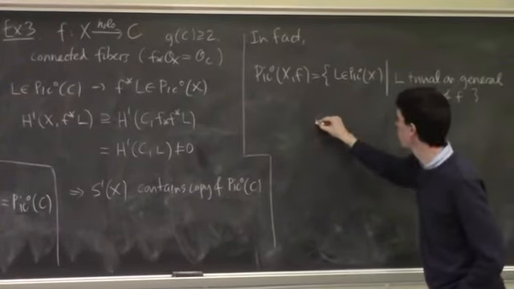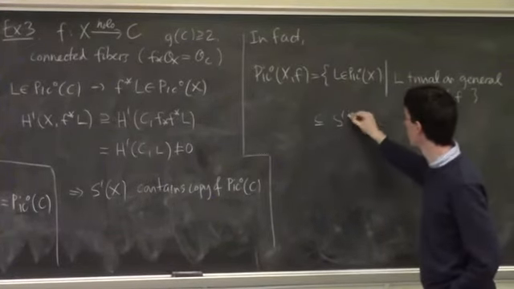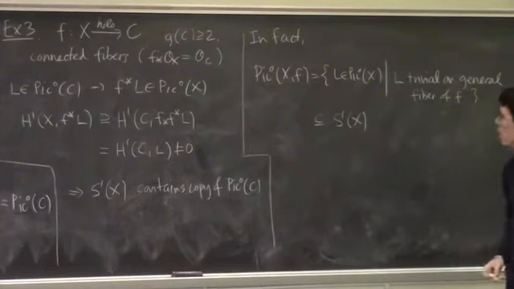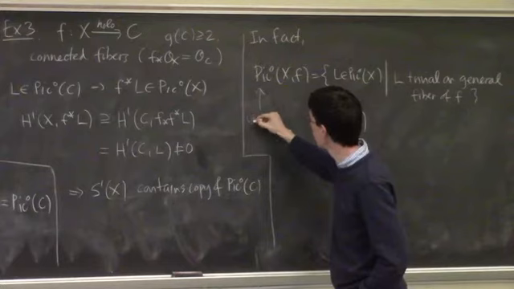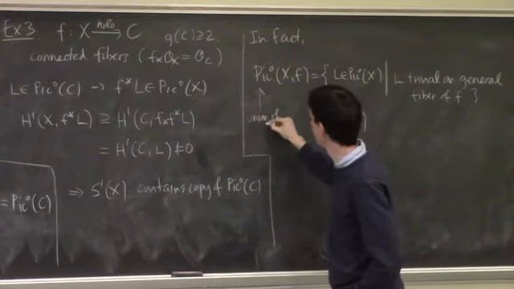One can show that this also ends up sitting inside of S_1 of X by a similar argument. And this set is actually a union of finitely many translates of the Picard variety.